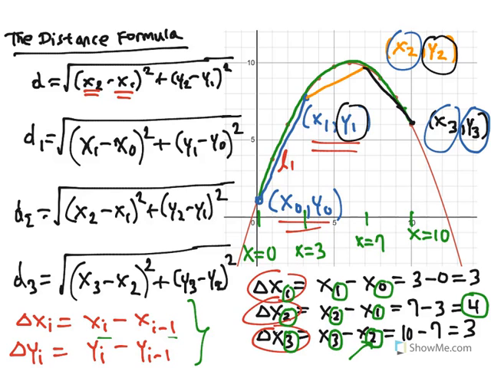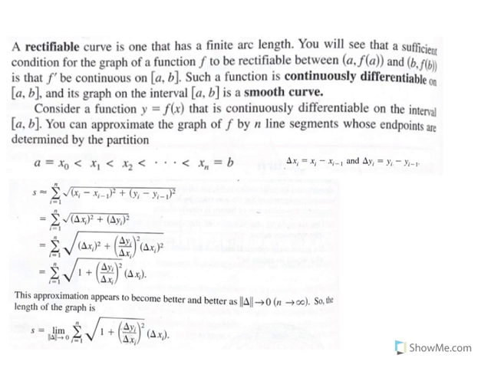So now what we're going to do is we're going to add the lengths of n line segments, and that would give us an approximation for the arc length. It would give us a sum, and then we have to do some algebraic manipulation to make it a Riemann sum. In other words, we would have the sum of products. So when you take a look at what you see here in this line, you can see that you have summation notation where the index i goes from 1 to n.